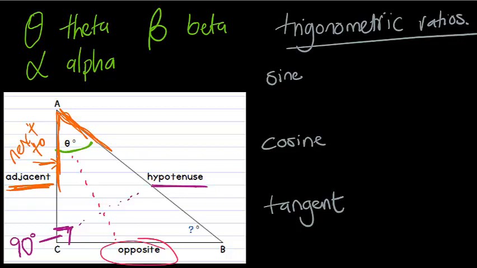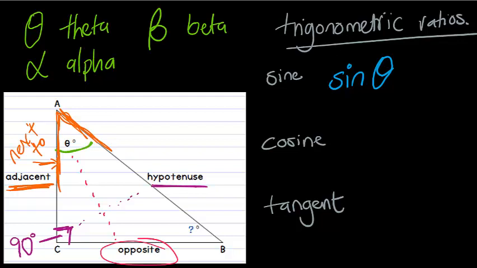Now, the sine ratio refers specifically to the angle. So we are going to talk about sine of theta or sine theta. We do not write the full word, we write only the first three letters, but we express it as the full word.